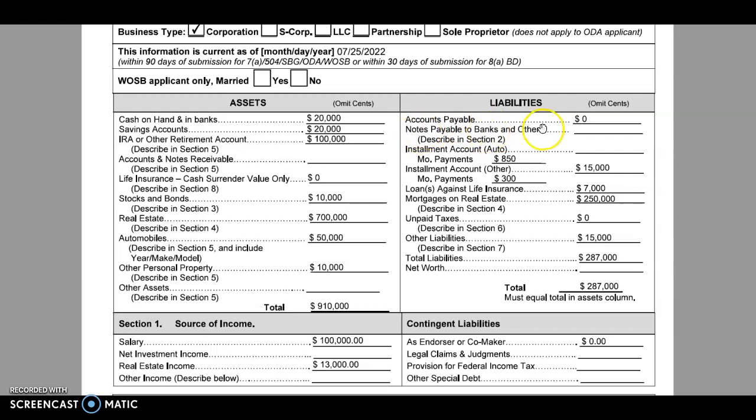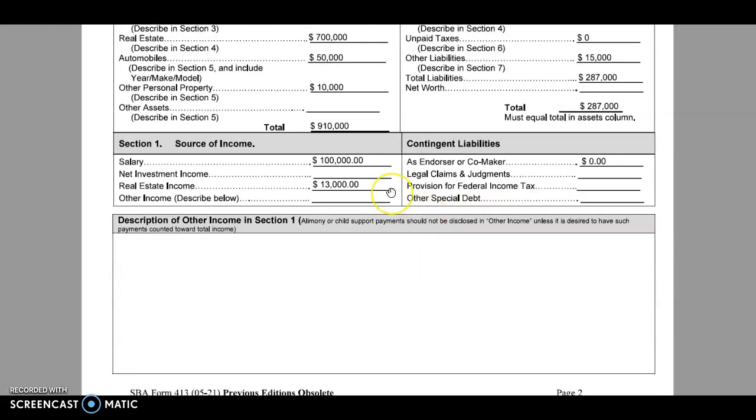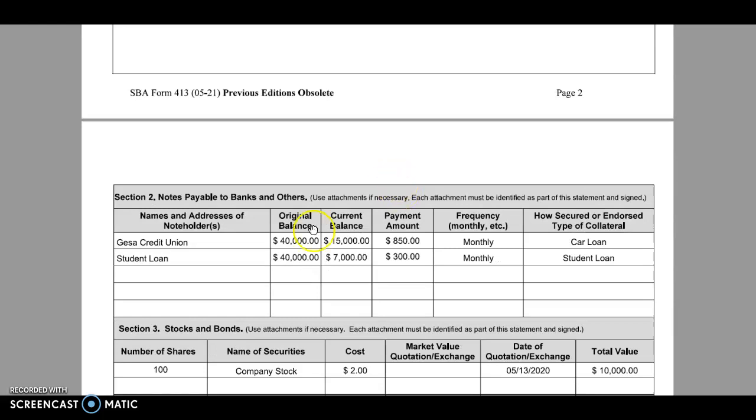Notes payable to banks and others, described in section 2. If you go down to section 2, you'll notice that we have some loans. We have a car loan, we have a student loan. So we're going to put any sort of term loans in this section. Note I did not say credit cards. You're putting term loan debt in here. So if you have a couple of cars, you're going to list those, a couple of RVs, whatever, the boat, put that in there.